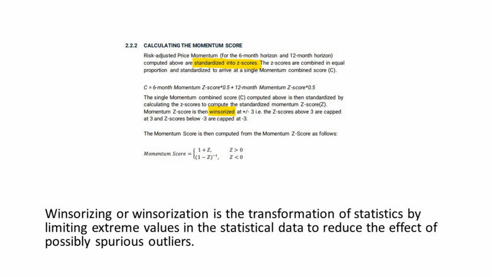For example, Winsorization sounds technically complex, probably is, but simply put, it's just limiting extreme values. All you're doing is trying to reduce the effect of possibly spurious outliers. So what you end up with is a ranked list of stocks based on a momentum score, and then they multiply that score by market cap, and you can create an index or a portfolio.